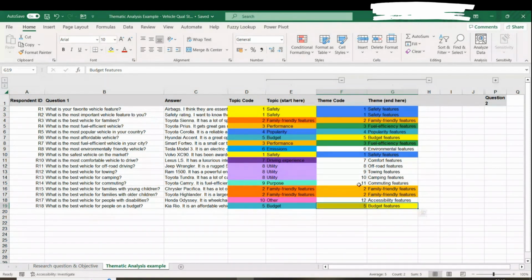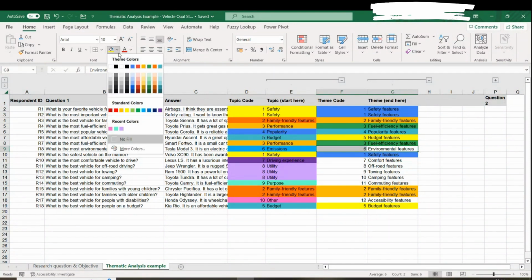I remember there was one, which you can also group. If you wanted to have only 5, you would group the rest under other, because here you see there's one environmental comfort. Another one is utility, which is off-road features. I think that's also worth having. So let's say you also had environmental, we will give that a color.